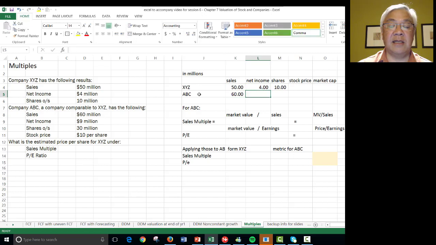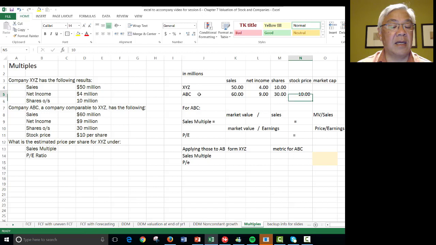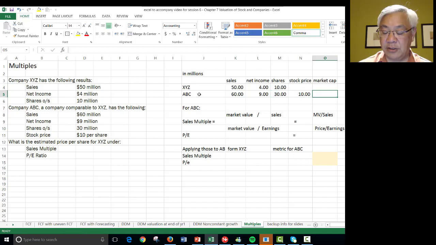ABC has 60, 9, 30, and they have $10 per share stock price. And therefore they have a market capitalization of 30 million shares times $10 per share, so $300 million market capitalization.